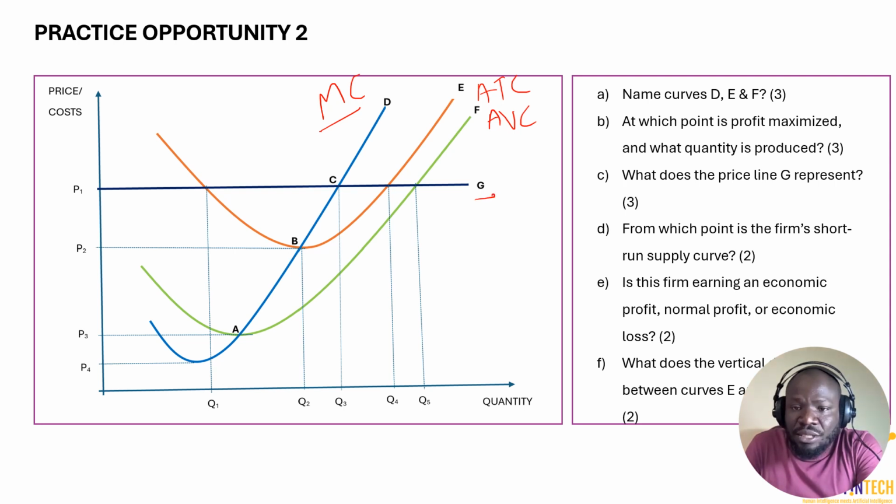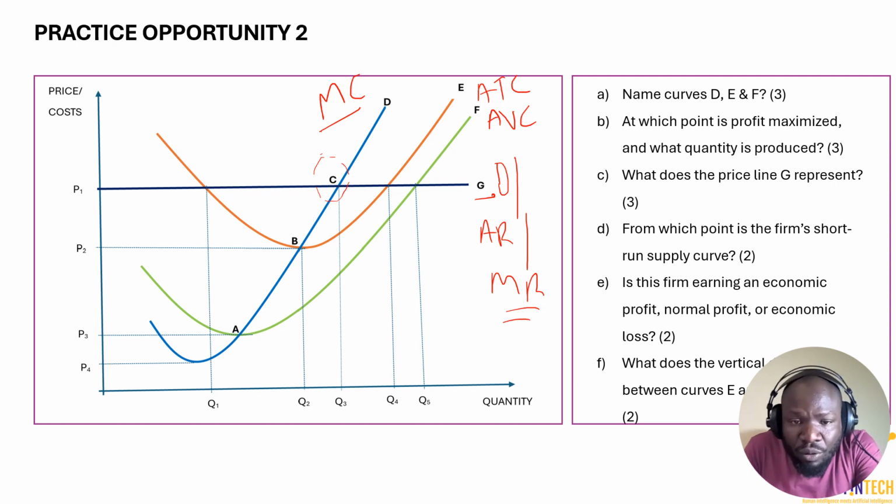The next question says, what does G represent? It represents demand, average revenue, and marginal revenue. So it is marginal revenue where it meets marginal cost. The point is C. This is the point where profit is maximized and at a quantity of Q3. So the quantity produced is Q3 here.